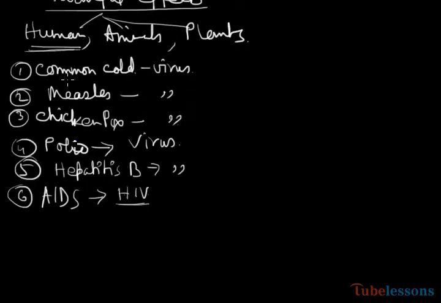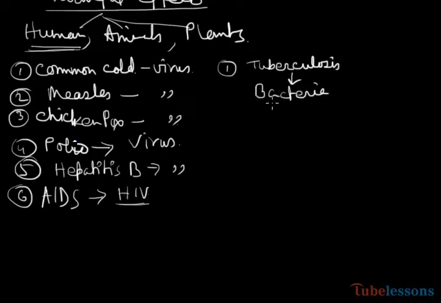There are also some bacterial diseases of humans. For example, TB or tuberculosis. Tuberculosis, the causative agent is bacteria, and the name of the bacteria is Mycobacterium tuberculosis. Number 2, typhoid.